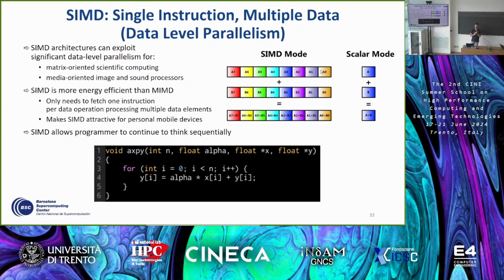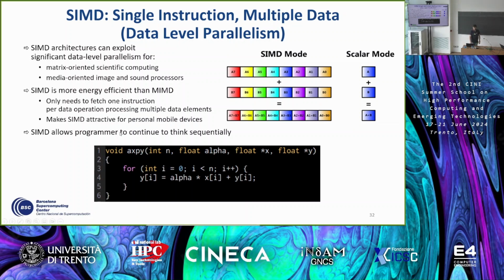Because AVX 512, the most common SIMD instruction set that we know, the Intel one, is able to operate on 8 double precision elements at a time. So you do a load and you load 8 data into your register. Then you do the other load, and you have two registers that are full of the data you need, and then you operate the add, and then you have the result, and you store it back.